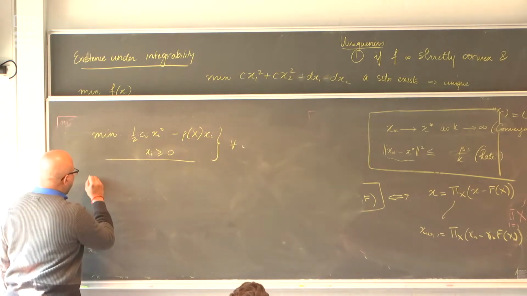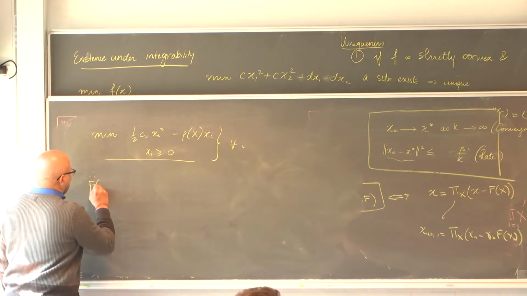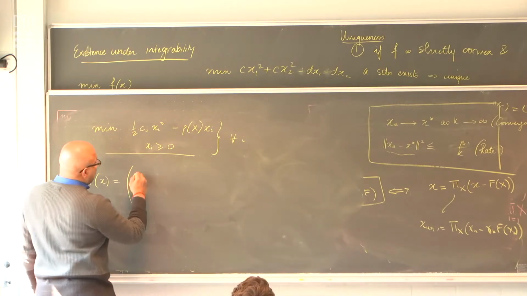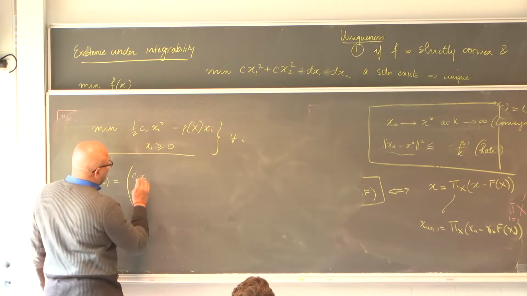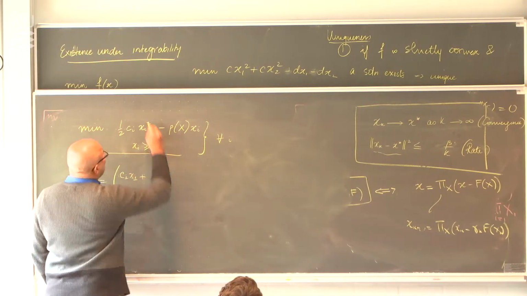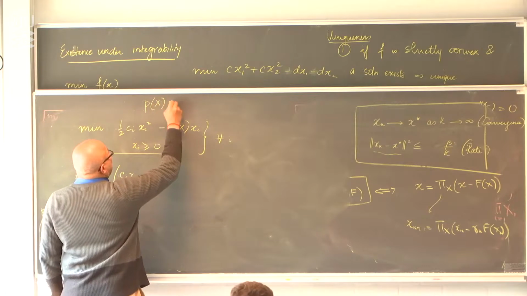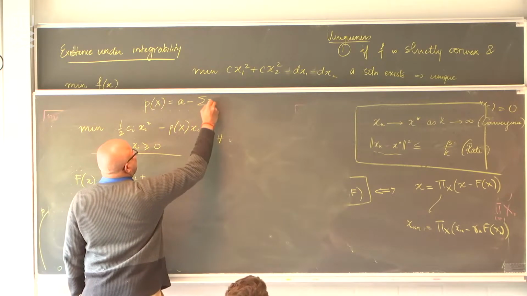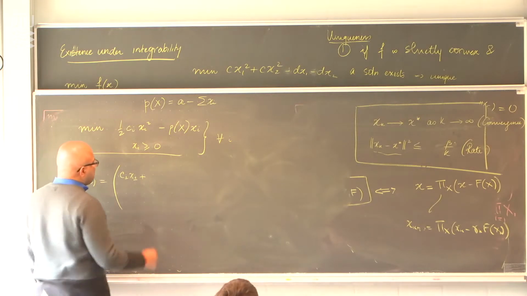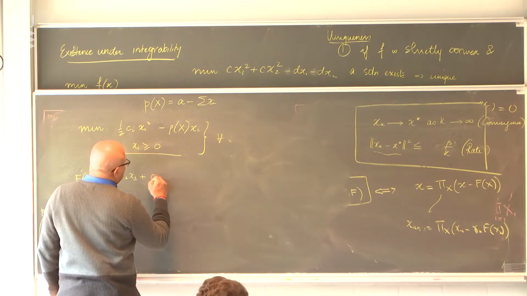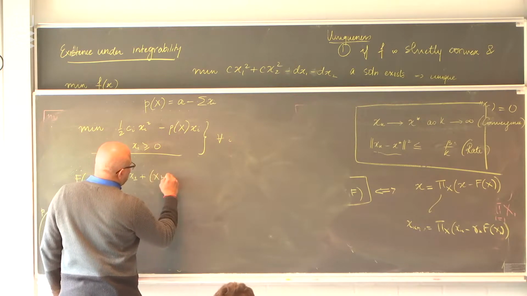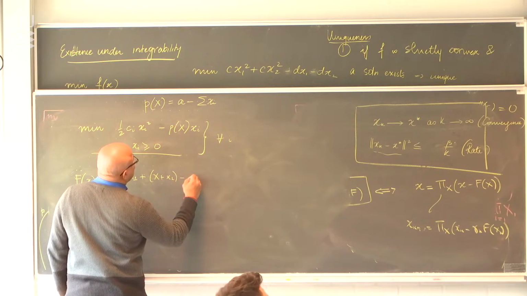So what is F(x) here? F(x) is the gradient of each of these. So let's start from the beginning. It's C1 x1 plus, and I'm going to assume the price p(x) is a minus the summation of xi. So this is C1 x1 plus x1 plus the rest, minus a.